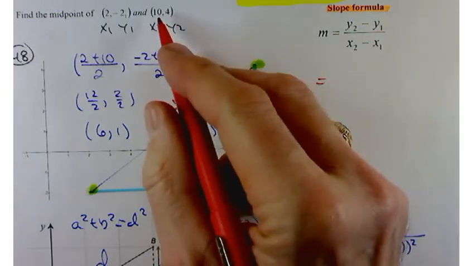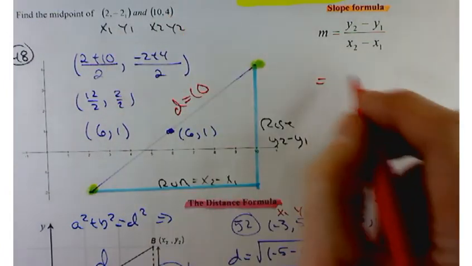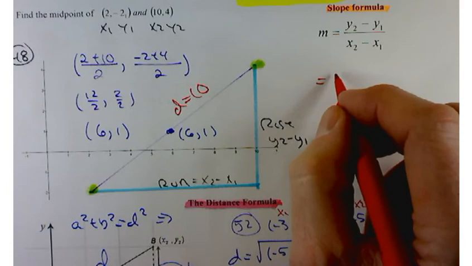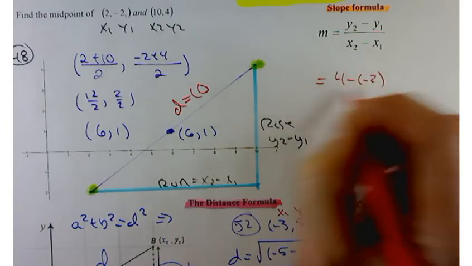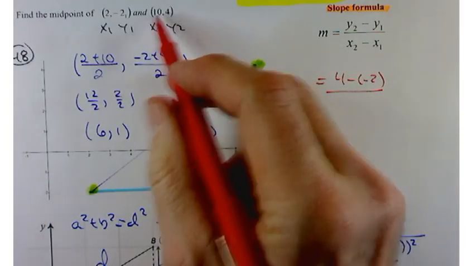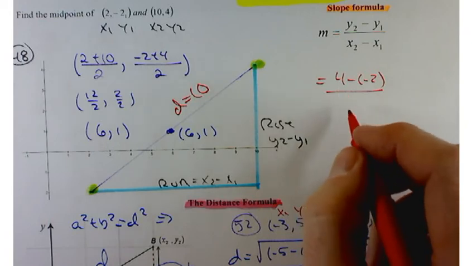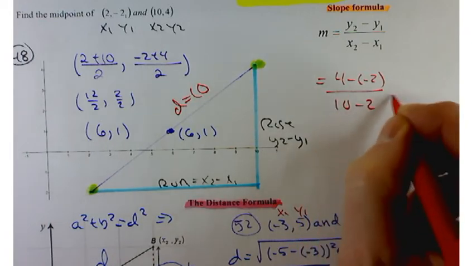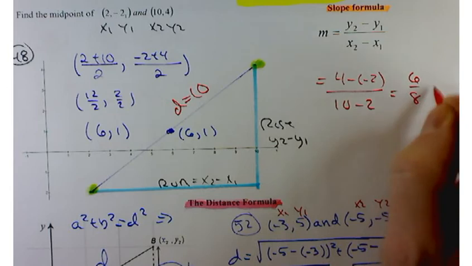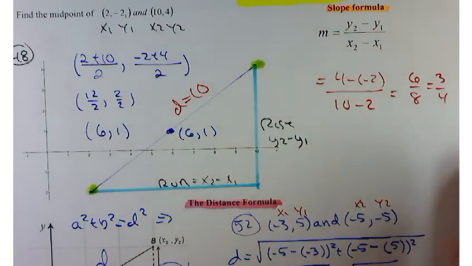And that's going to be 4 minus negative 2 divided by 10 minus 2. So 6 over 8, or 3/4.